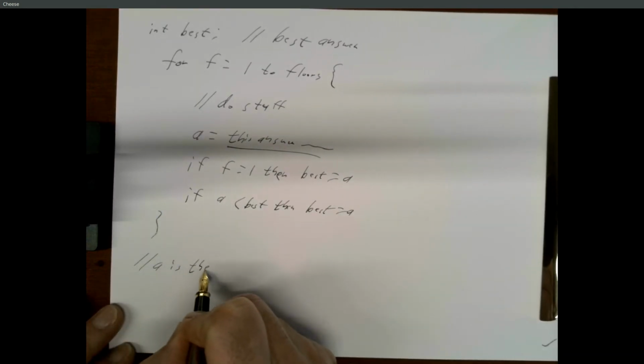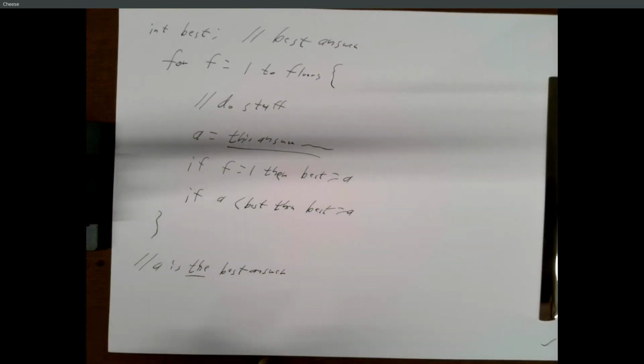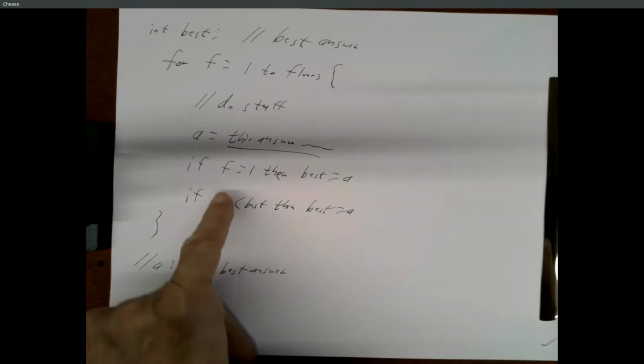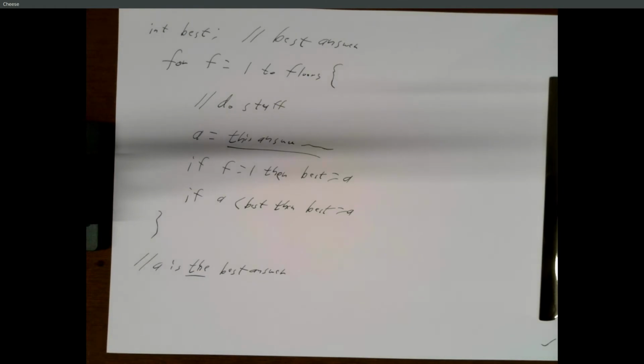So that's like a running sum, but it's a running minimum. Each time through, compare your answer to the smallest answer you found. If this answer is smaller, remember it. The only trick I'm doing here is the first time through, I always remember that answer, rather than setting best to some huge number like infinity.